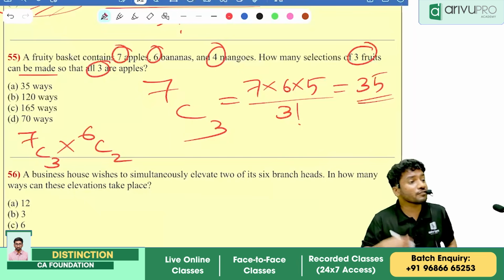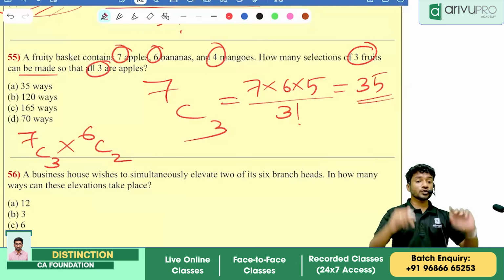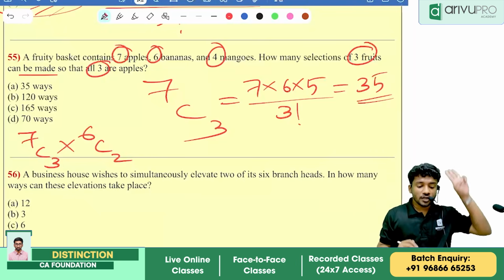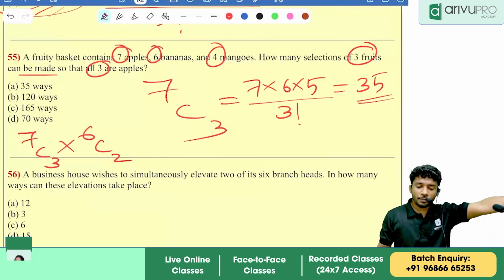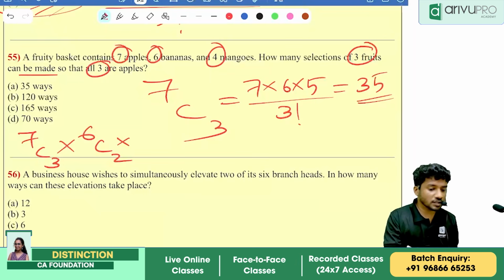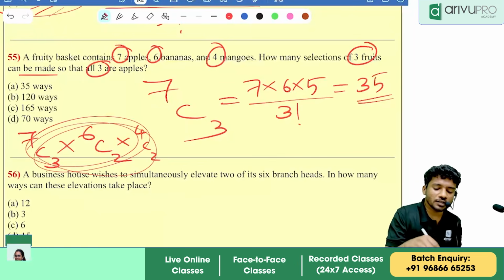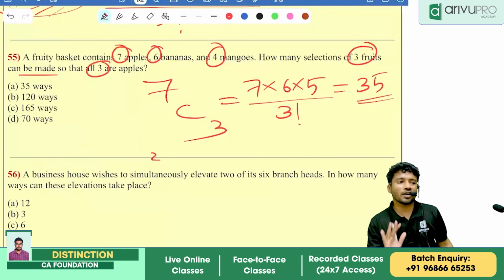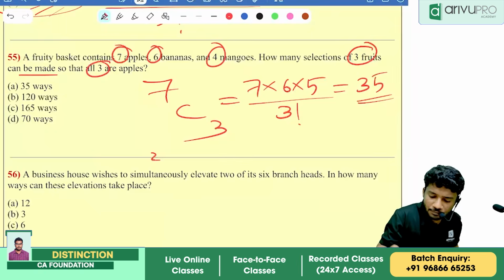What if the question is like this? I want to choose 7 fruits such that 3 are apples, 2 are bananas, and 2 are mangoes. So it will be 7C3 into 6C2 into 4C2. Based on the condition, we can change it accordingly. Understood the logic, people? Next one.